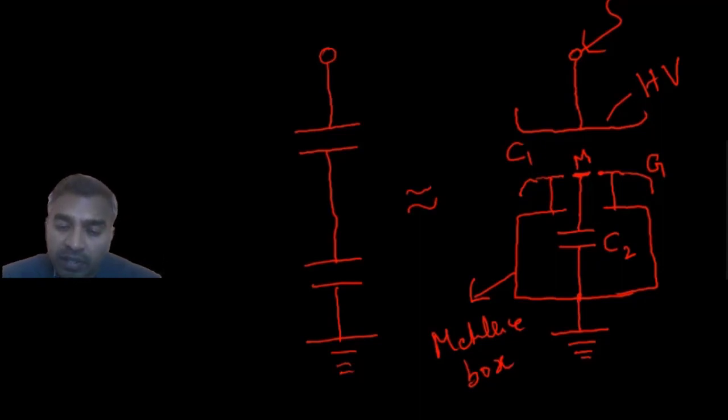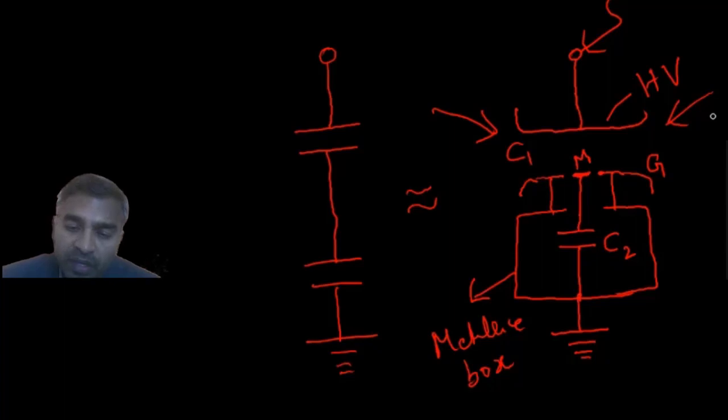See, even in this case, there are two plates separated by this gap, right? So even in this case, there is scope for interference from atmospheric fields or surrounding fields, which will tend to terminate here.